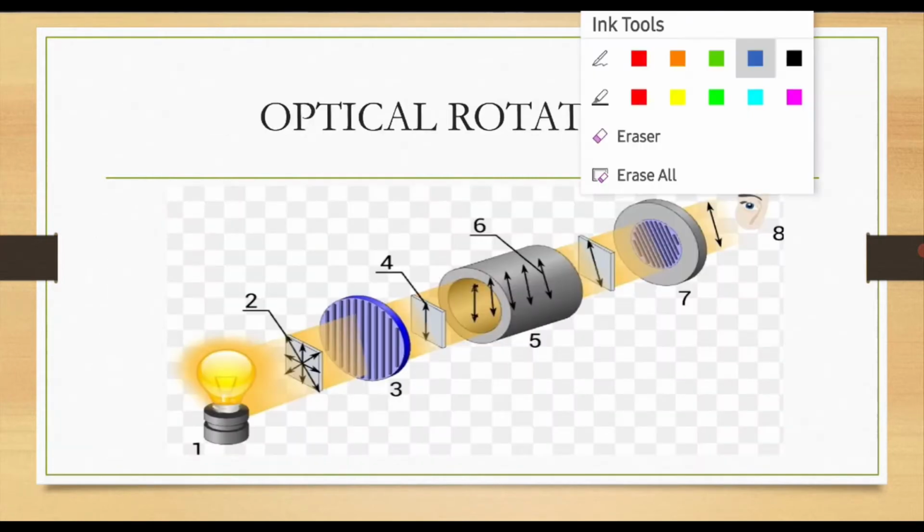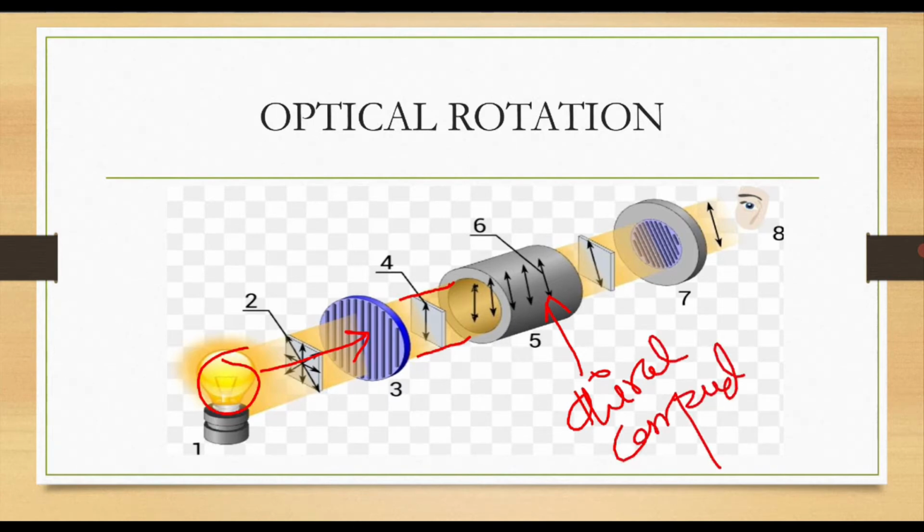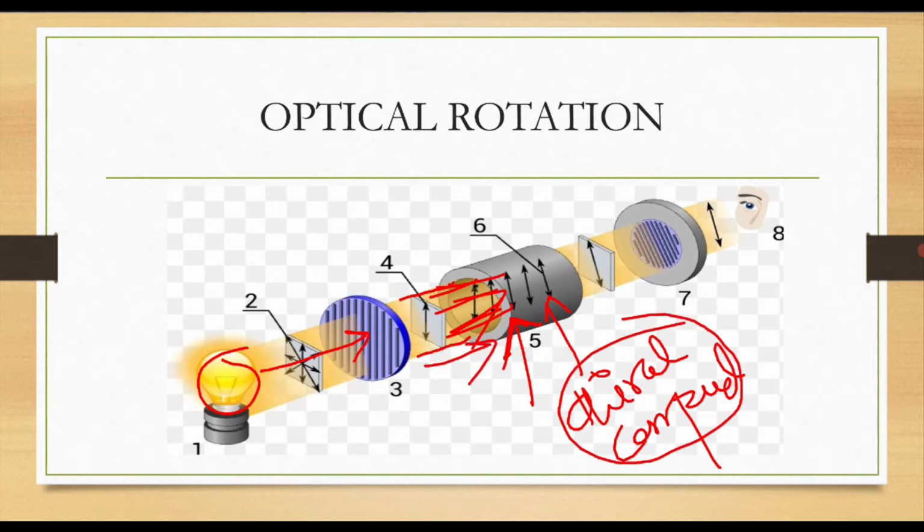So why is it important? So this is light, this is the monochromator, and this is my plane polarized light, and if here there is a chiral compound, if in this region we take a chiral compound, then what happens? When the plane polarized light passes through the chiral compound, the plane gradually rotates clockwise or anti-clockwise.